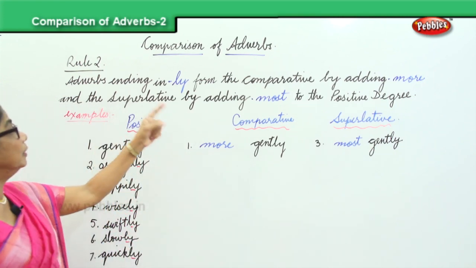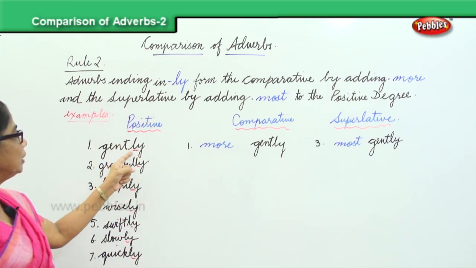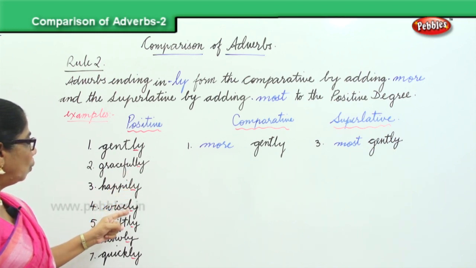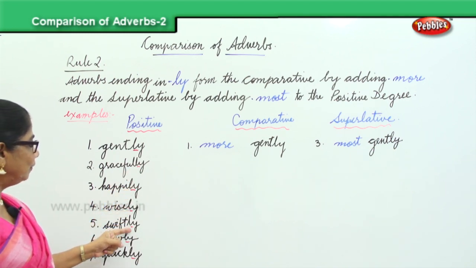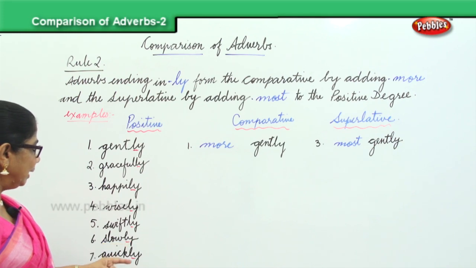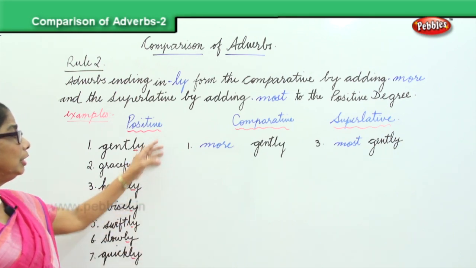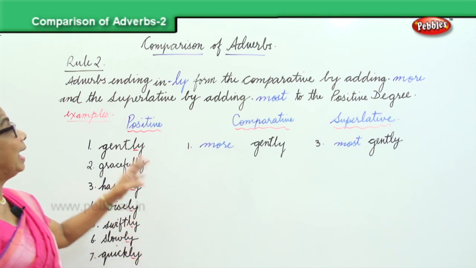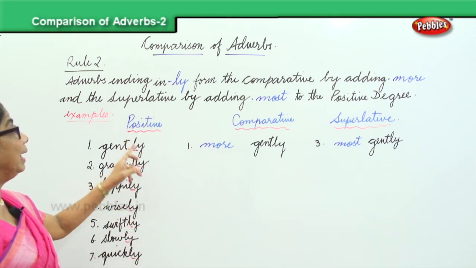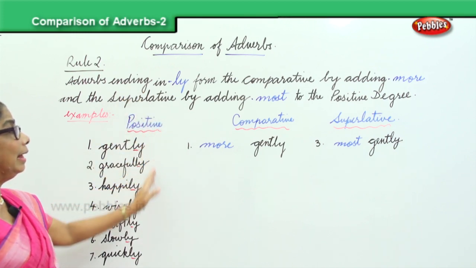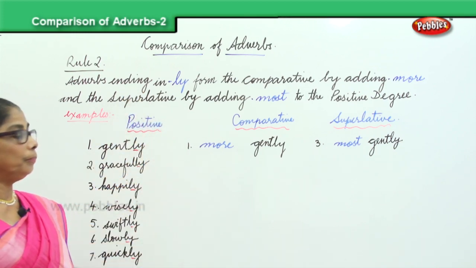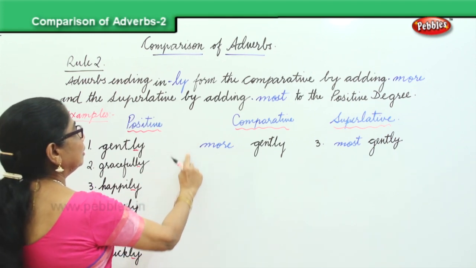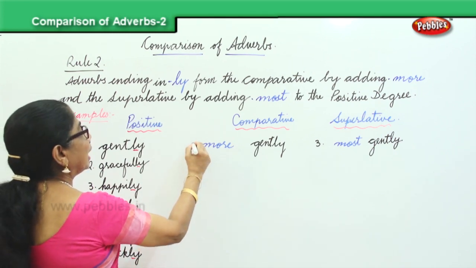So, all adverbs ending in ly: gently, gracefully, happily, wisely, swiftly, slowly, quickly. For all these adverbs, which end in ly, when we form the comparative and superlative, we have to add more and most.